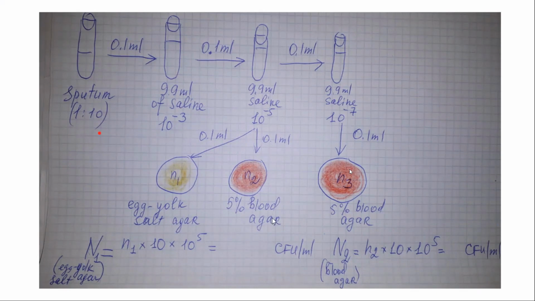Yes, 1.9, sorry. 10 to the power 5 is the dilution factor, which makes 1.9 multiplied by 10 to the power 7. It's the same concentration of microbes, 1.1 to 1.9 multiplied by 10 to the power 7.